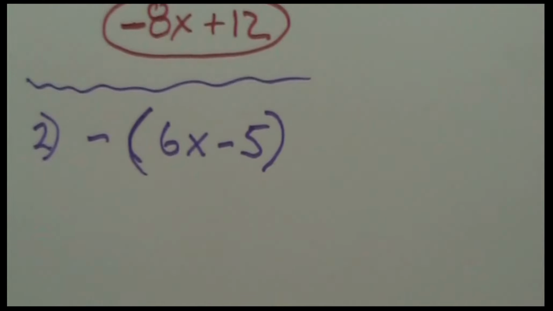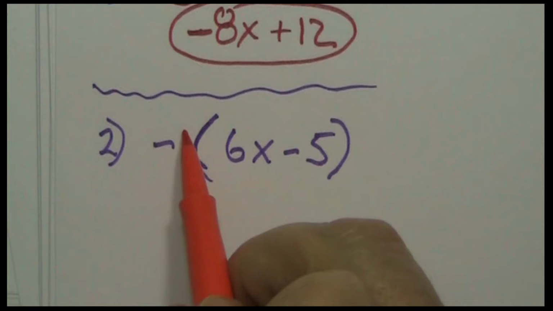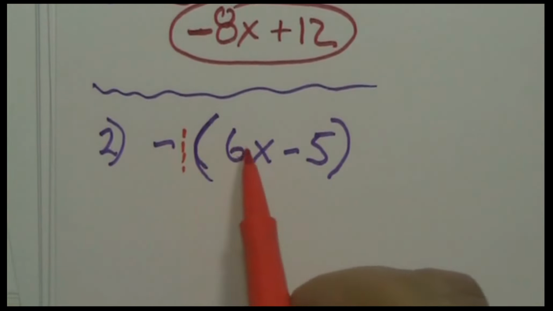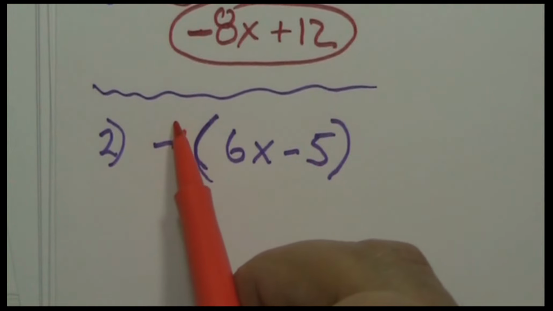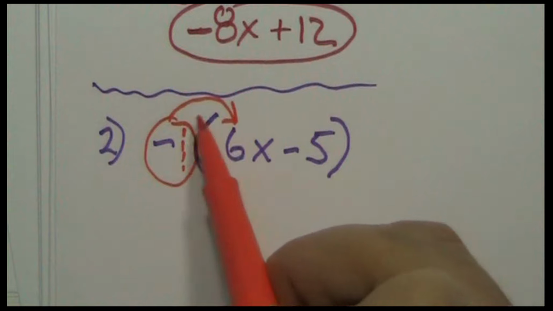Because there's the invisible 1, if you can see it. It's right there. So we have to do distributive property. I'll take this negative 1 times each number inside.